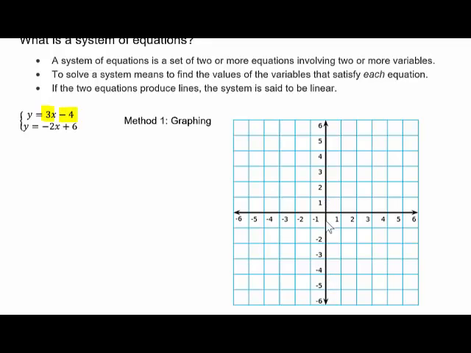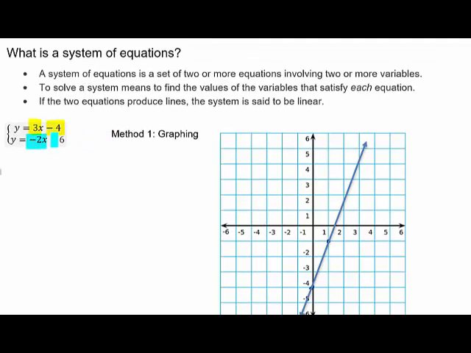So on the y-axis, I would go down to y equals negative 4 and put a point, and then we're going to count the slope, which is 3 over 1. So up 3 and right 1, and then draw the line between the 2 points. In the second equation, the slope is negative 2, and the y-intercept is 6.